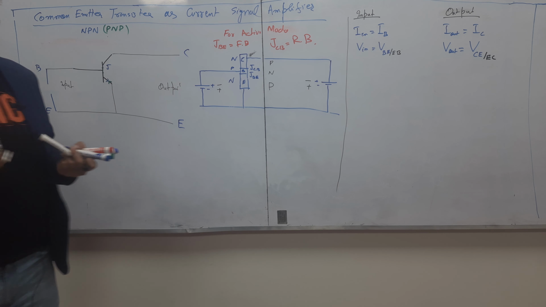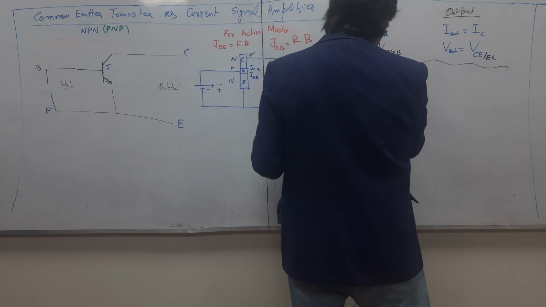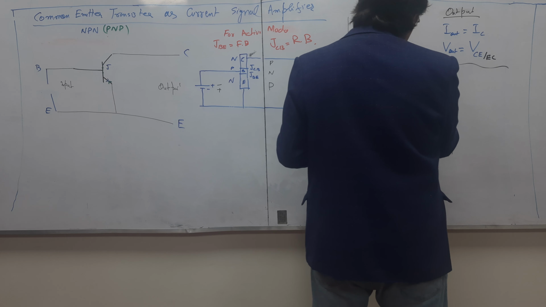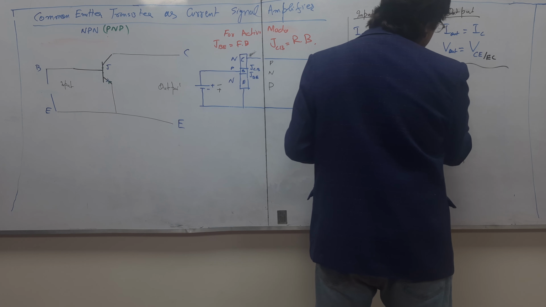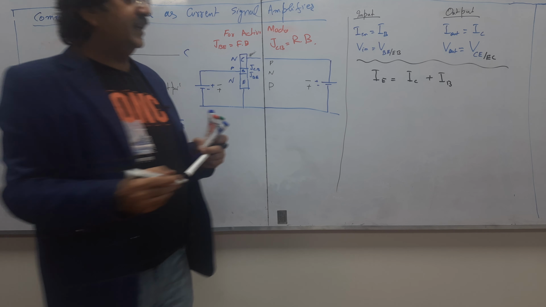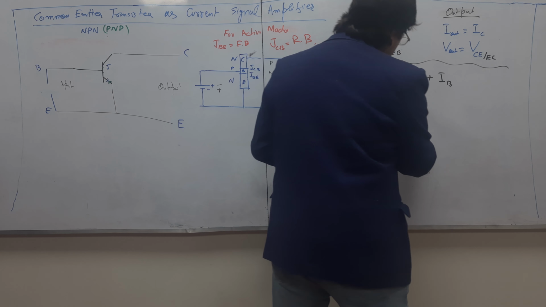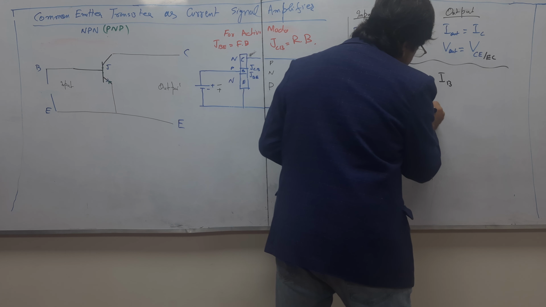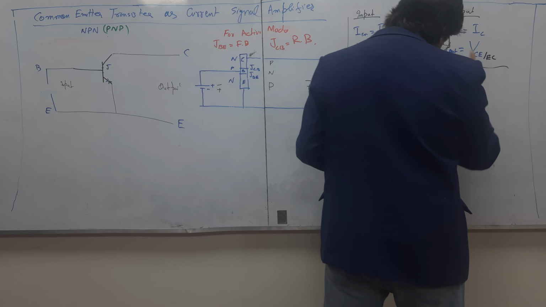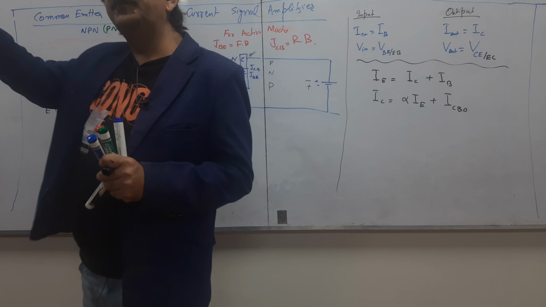As we have already discussed many times, emitter current will always be equal to IC plus IB. That is a common equation for all transistors, and the other equation was IC equals alpha IE plus ICBO, my common base output.